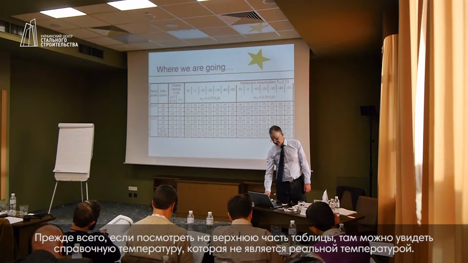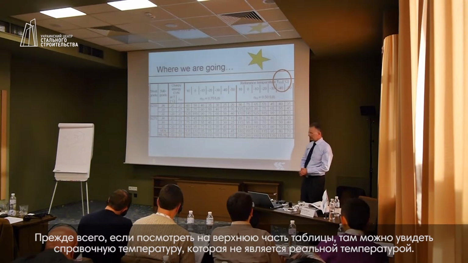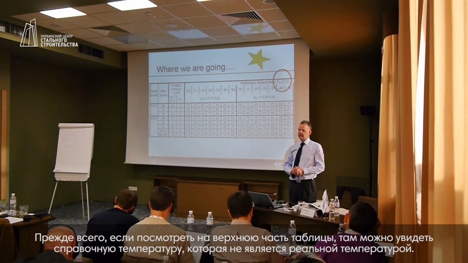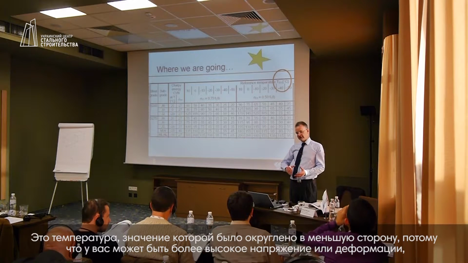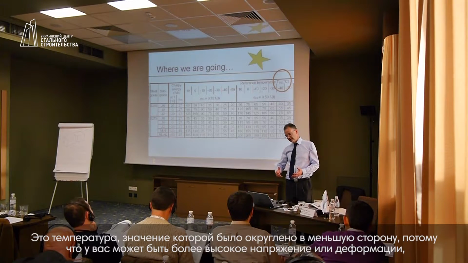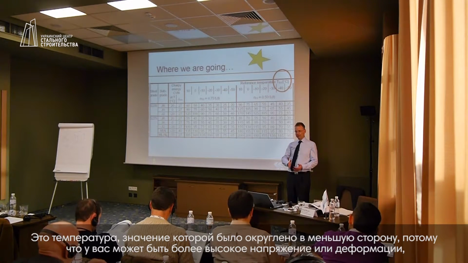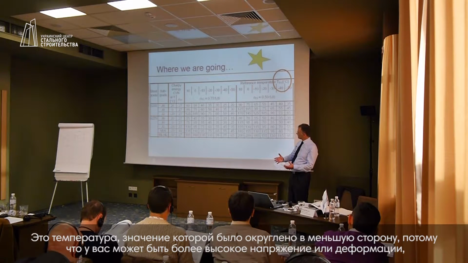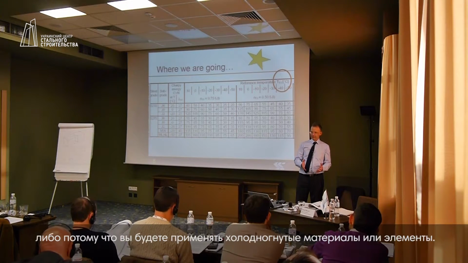The first thing to note is at the top of the table there is something called a reference temperature, and the reference temperature is not the real temperature. The reference temperature is the real temperature, but then perhaps it has been shifted lower because you have stress raisers. Perhaps it has been shifted lower because you have a high strain rate.